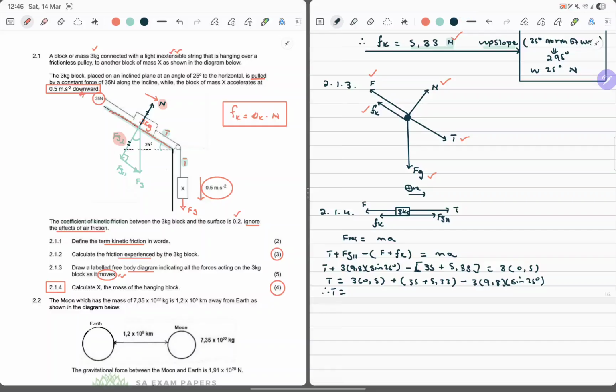Okay, so let's go for it. So 3 into 0,5 plus the sum of 35 plus 5,33. Then we subtract 3 into 9,8 into the sine of 25.